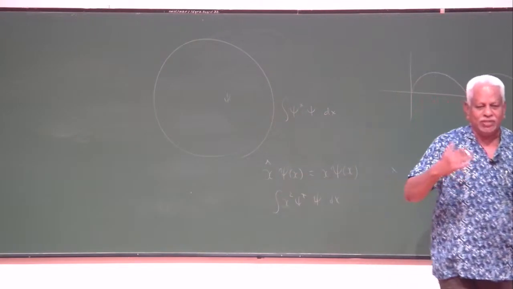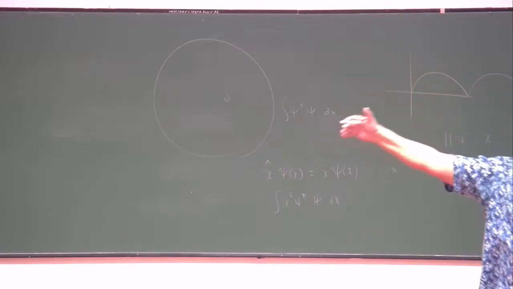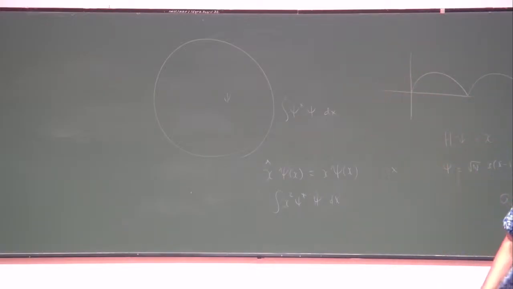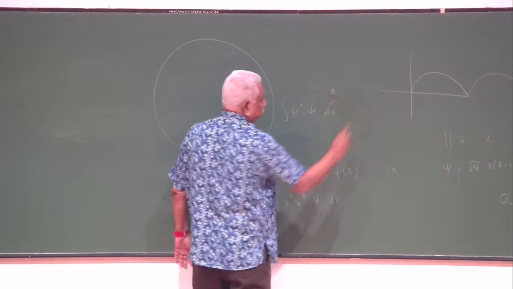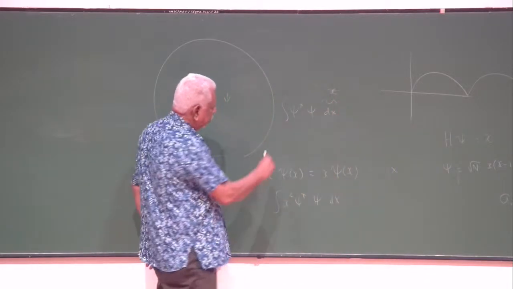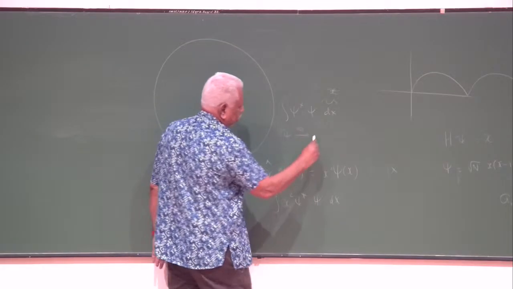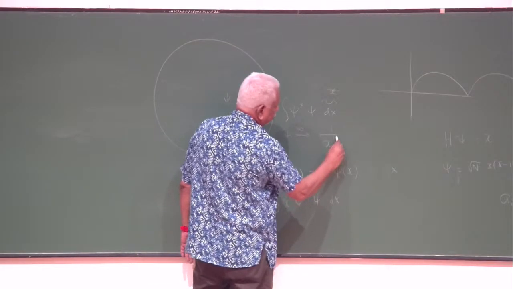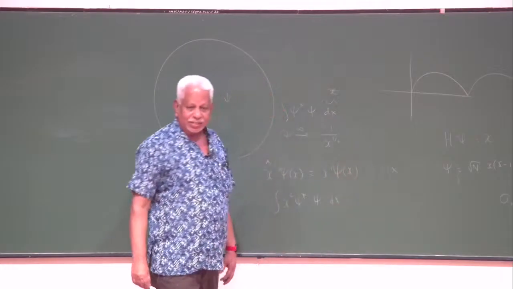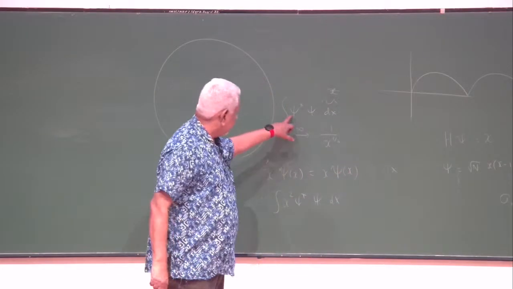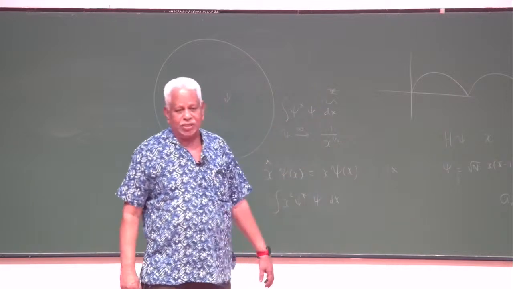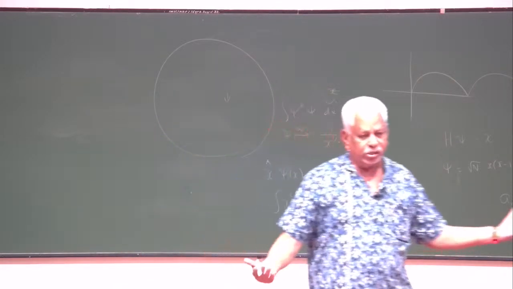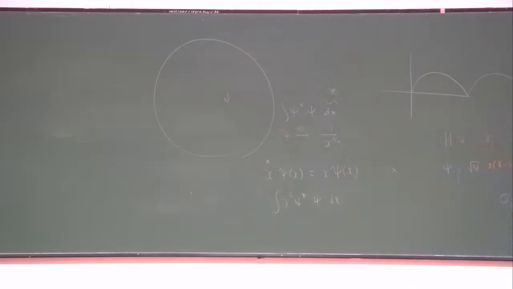So, the value of psi cannot be a number at infinity. It should go to zero faster than 1 by x power half, because x power half would give 1 by x, dx by x is log x, and log x also is infinity, from minus infinity to plus infinity. That is what will happen.